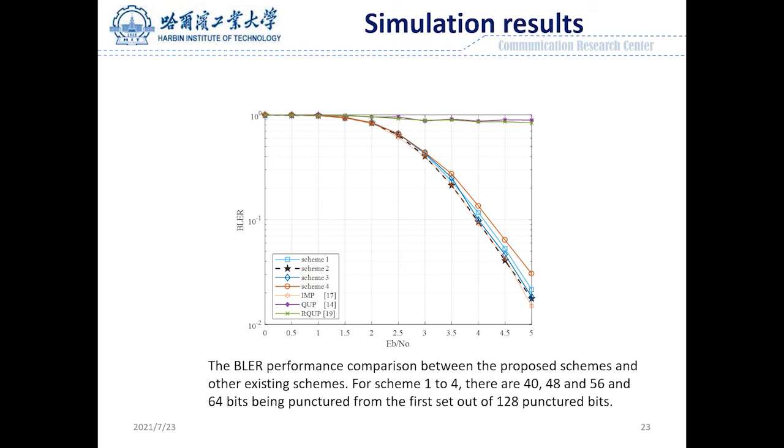Next, we compare the proposed schemes with other existing puncturing schemes. We can see that our proposed schemes have similar BLER performance to the IMP, and the performance of QUP and RQUP is not very satisfying.